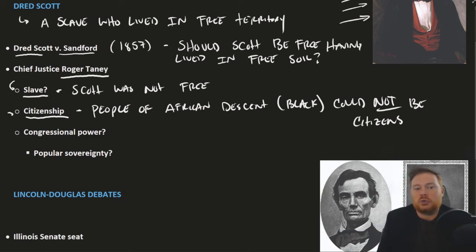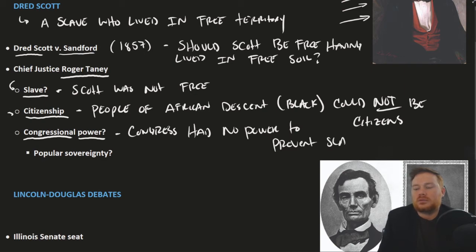It essentially looked towards the abolitionists and contradicted what the abolitionists stood for. That was the abolition of slavery and the full extension of rights under citizenship. Additionally, and this is what got really Congress and those politicians of the North hot and bothered, you might say, was that the Supreme Court also ruled that Congress had no power to prevent slavery in the territories.